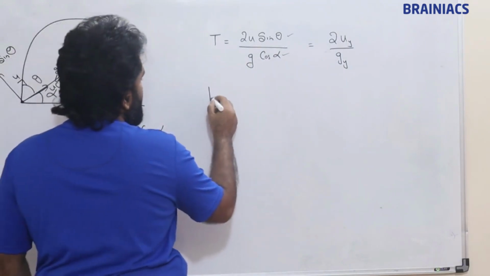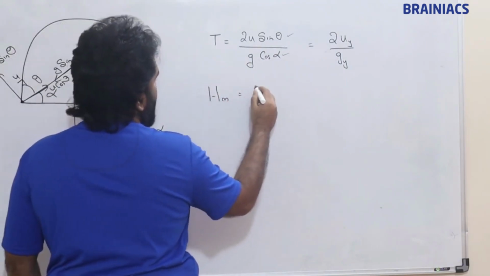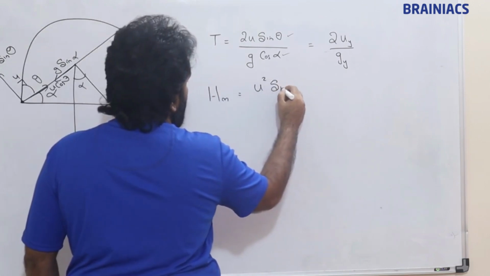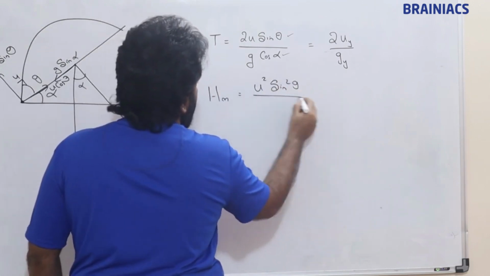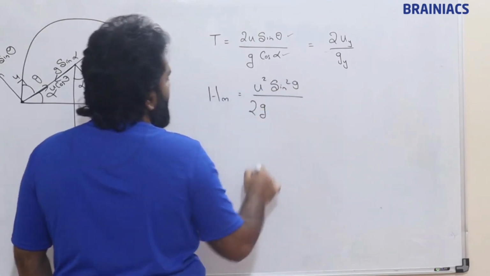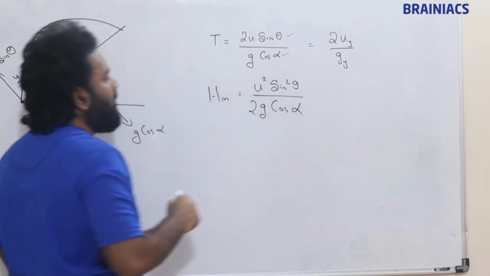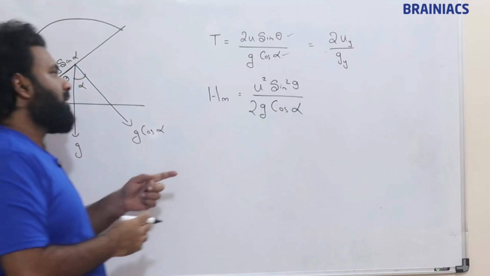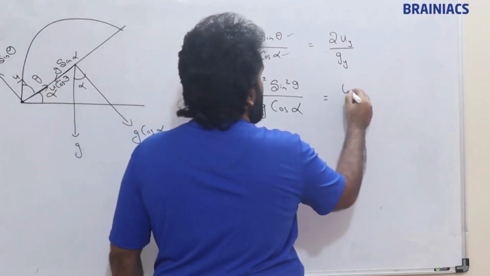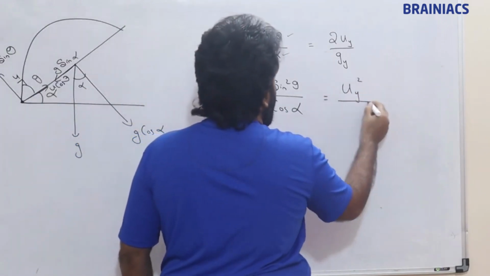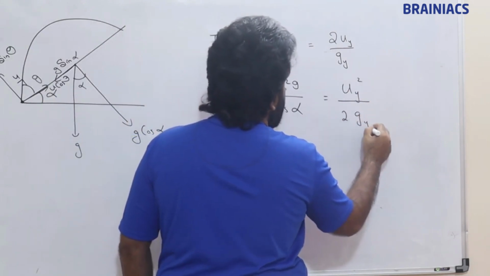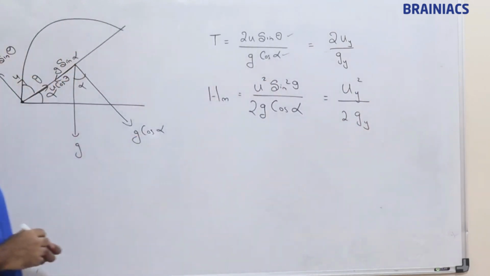Then maximum height is u square sine square theta divided by 2, and instead of just g, we have g cos alpha. So this is also uy square divided by 2 into gy, correct.